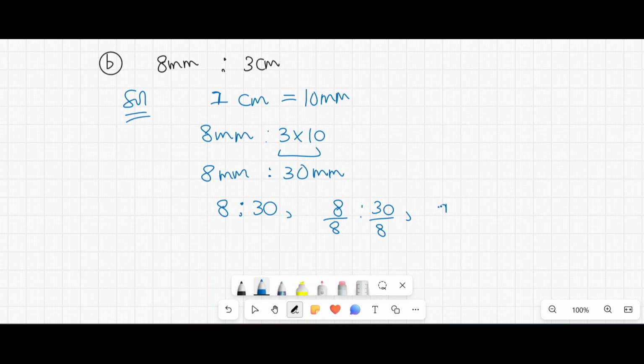So what we will get is 8 divided by 8, you will get 1. 30 divided by 8, you will get 3.75.